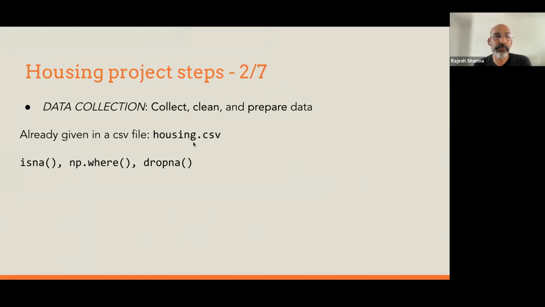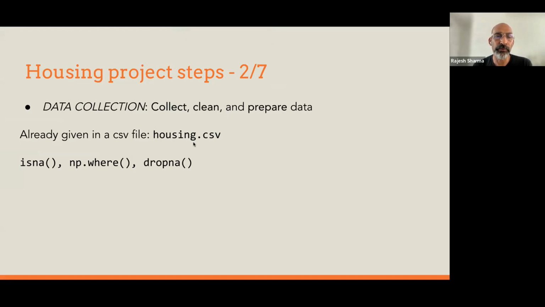So the second part is data collection. We collected the data because it was just given to us. We didn't go about creating a census. So in practice, you would look for data from home sales, Zillow, other places. You would do a survey, and that's how you would collect all this data.